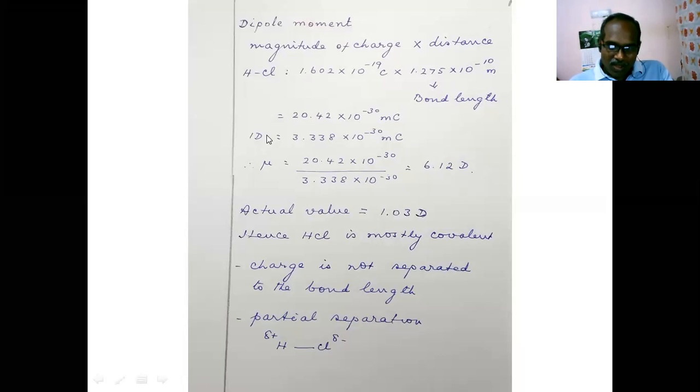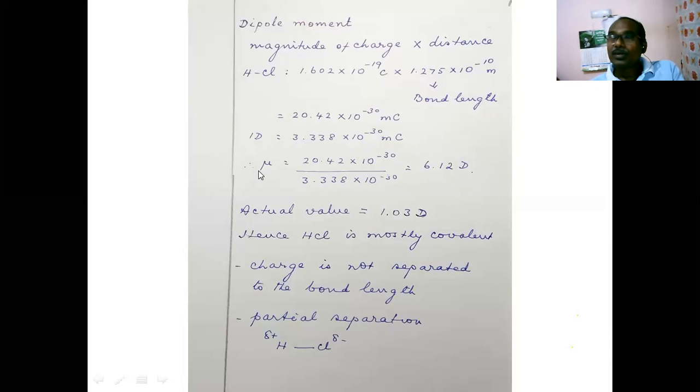Normally dipole moment is given the unit Debye. Debye is the name of the scientist. Therefore, 1 Debye is equal to 3.338 into 10 power minus 30 meter coulomb. I want to find out the dipole moment in terms of Debye.